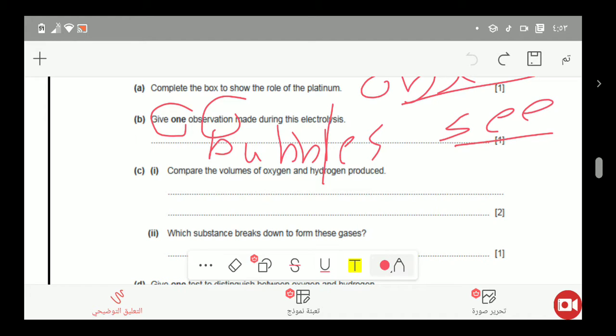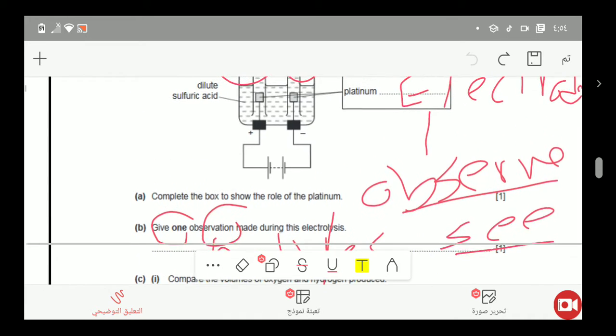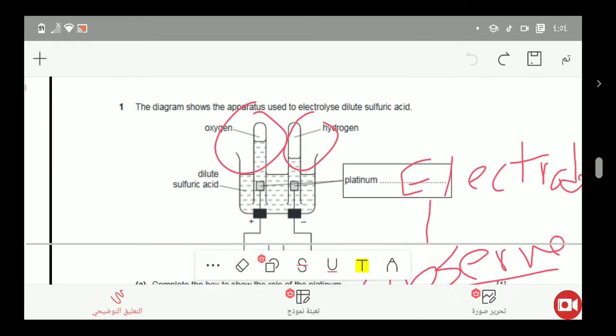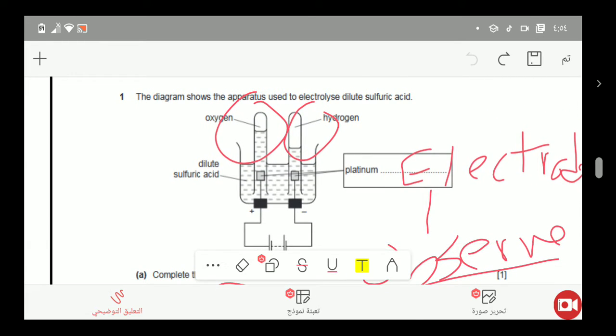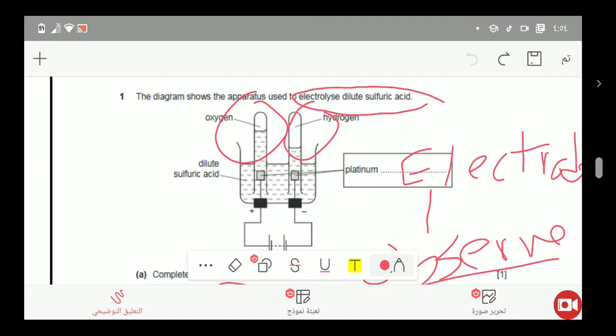Next question, compare the volumes of oxygen and hydrogen produced. Firstly we have to understand the source of hydrogen and oxygen. As we learned in the previous sessions, dilute acid here, maybe hydrogen chloride, maybe sulfuric acid, consists of hydrogen. And here there is water in the solution. Dilute means it has water, so water is HOH.